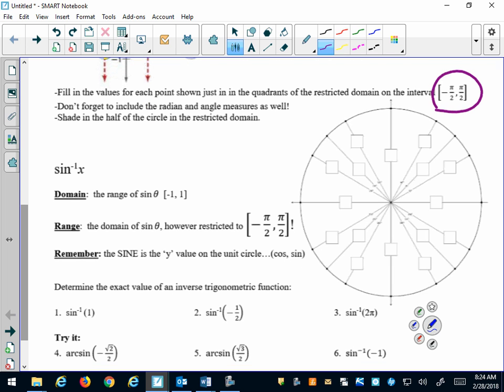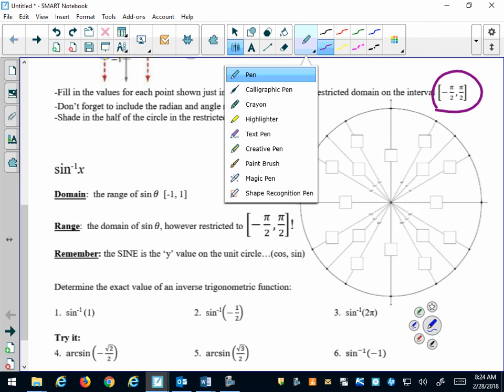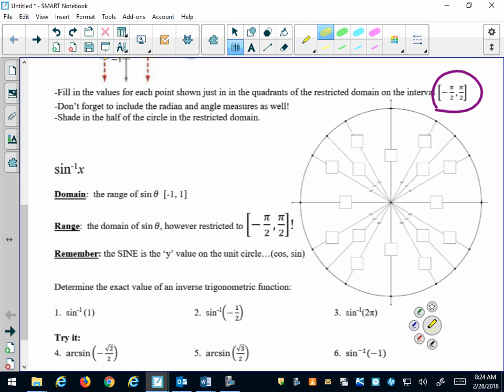So on this unit circle, if we shade in that piece of it, I think that it'll be a good visual. So what's from negative pi over 2 to pi over 2? Well, that's this section of the unit circle.